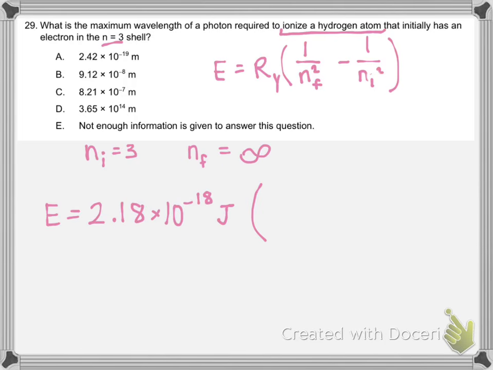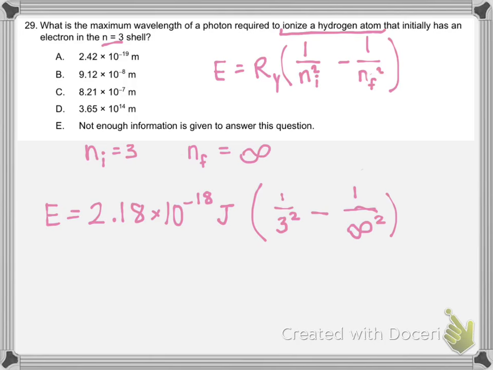Okay, so we have energy is equal to Ry, which you can find on the data sheet, joules, times 1 over our initial position, so 3 squared, minus 1 over our final position. And I had a slight error up above, but that version is indeed correct. And you can see that on the data sheet.